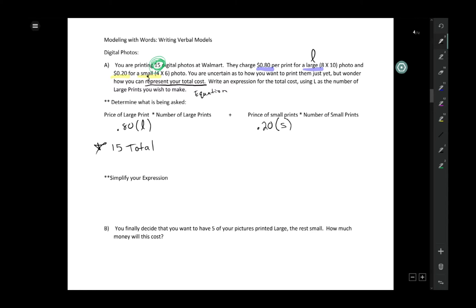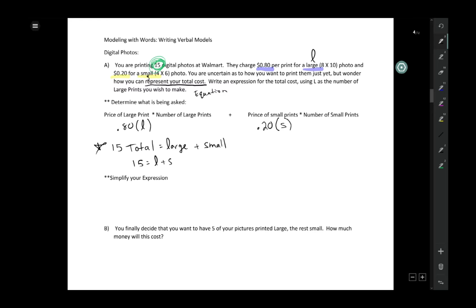15 total. That makes up my large plus my small, or 15 equals large plus small.